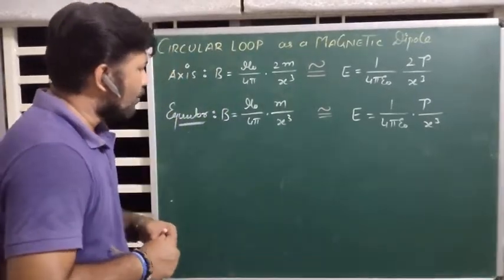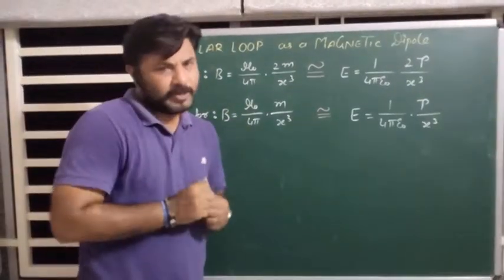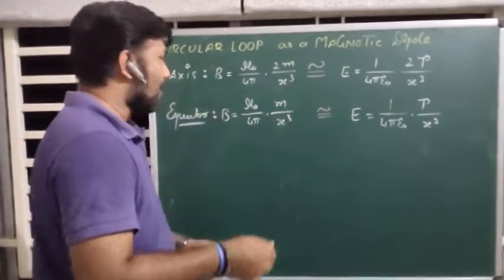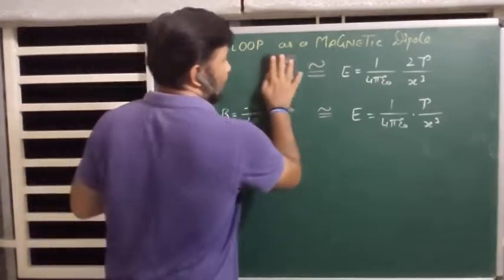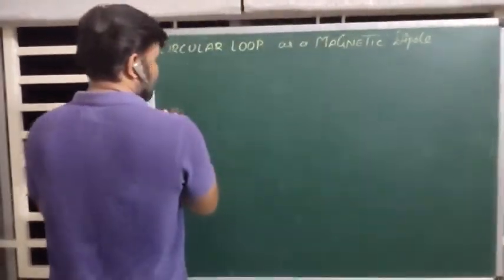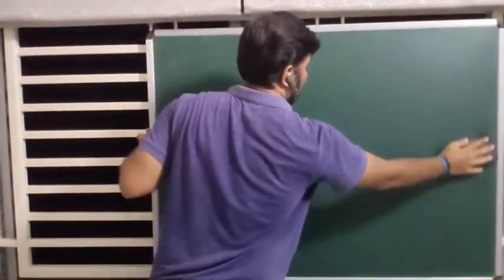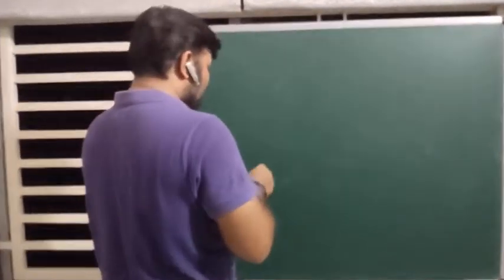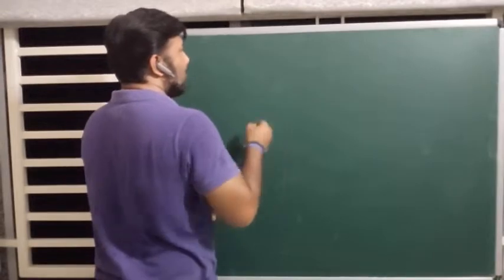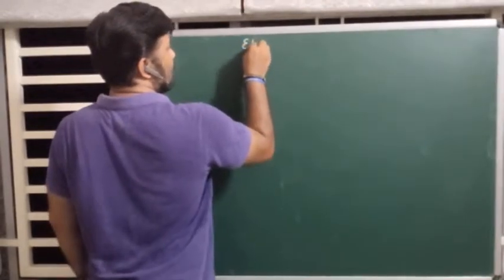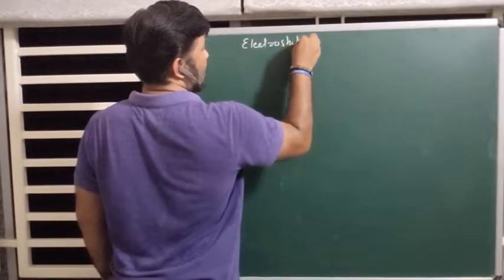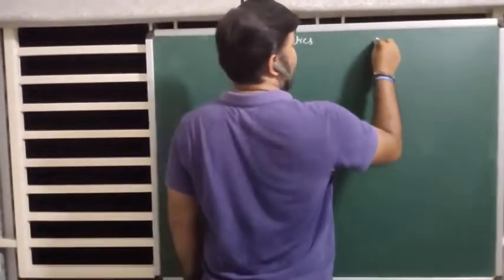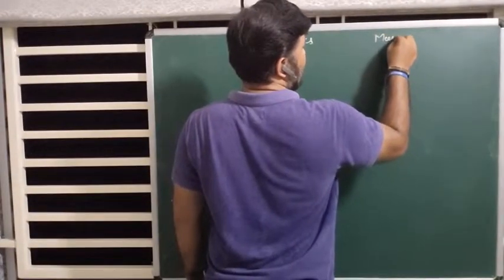Clear? Now here you have to remember a few things. Which things are there? Let us see. There is a little bit of comparison between electrostatics and magnetism.